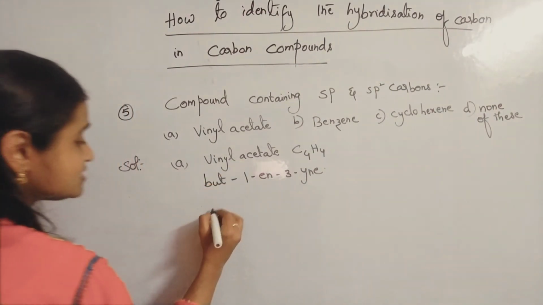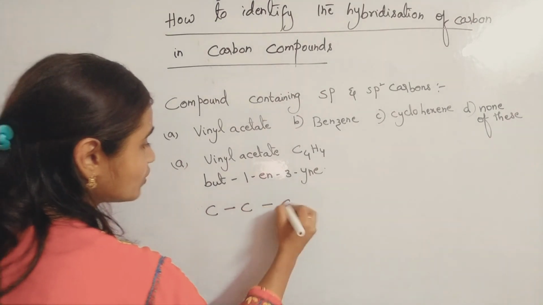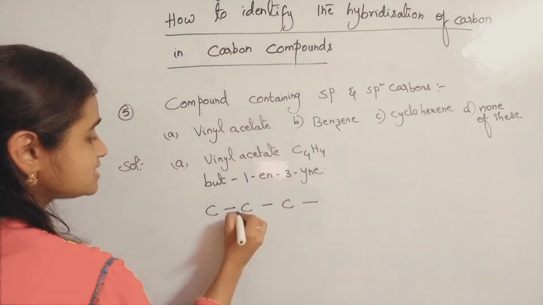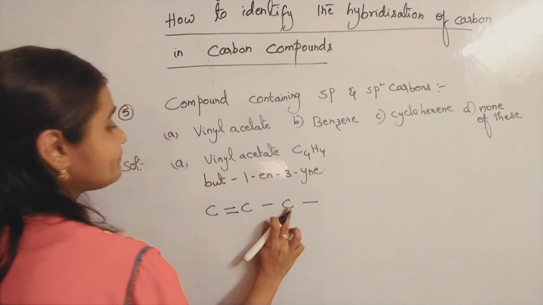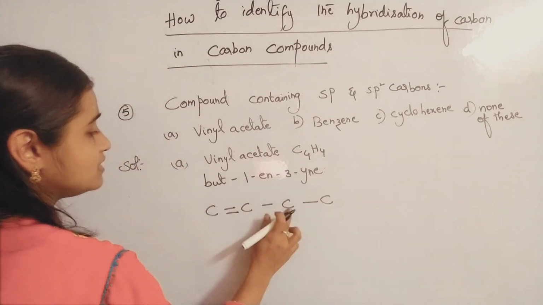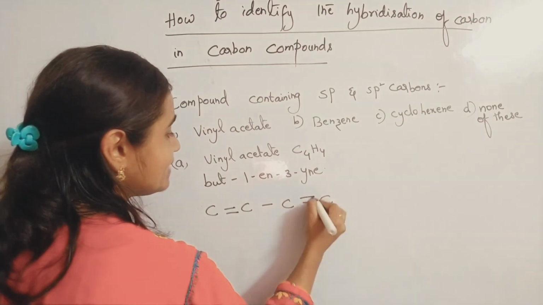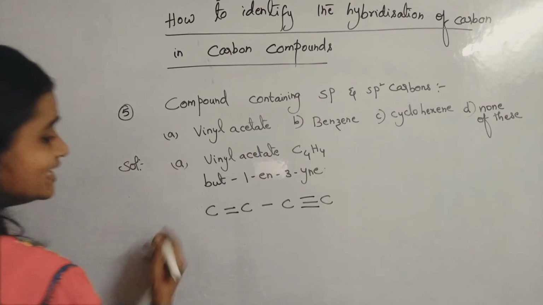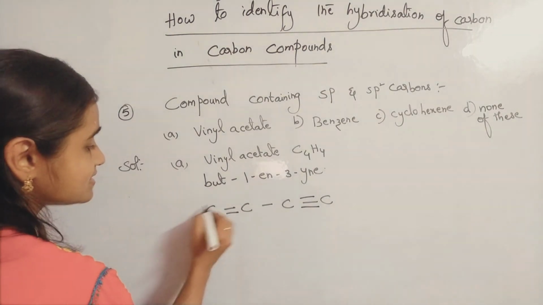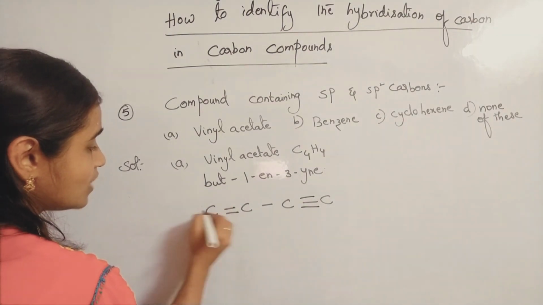Then how to draw the structure? 4 carbons. 1-ene means double bond here, and 3-yne for the third carbon. Now keep the number of hydrogens. Here 2 are there.